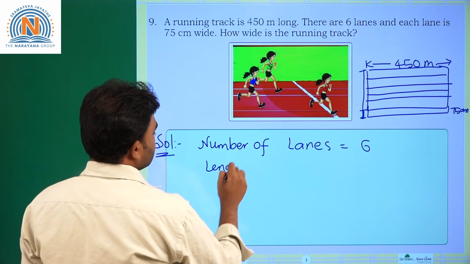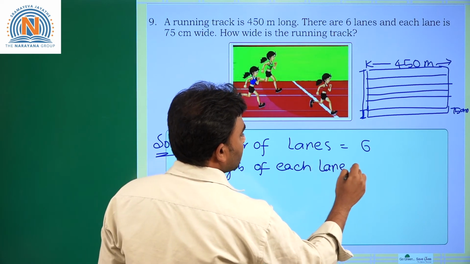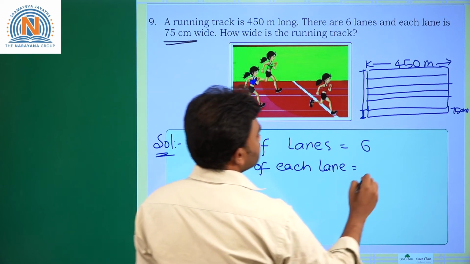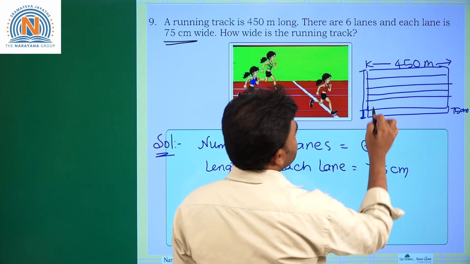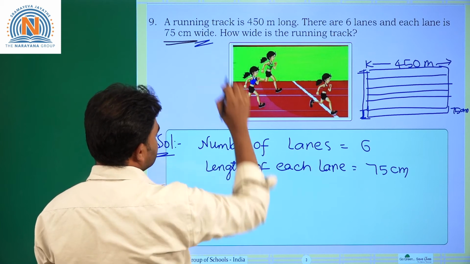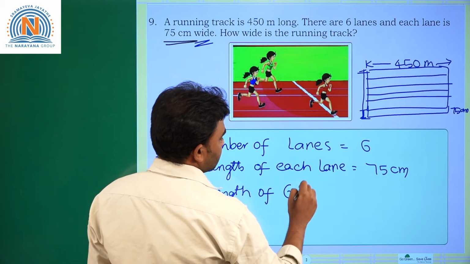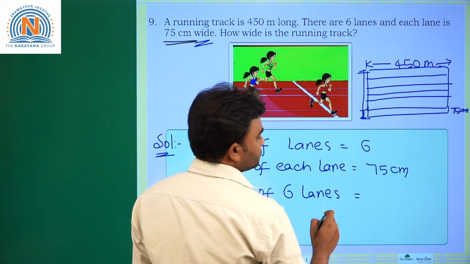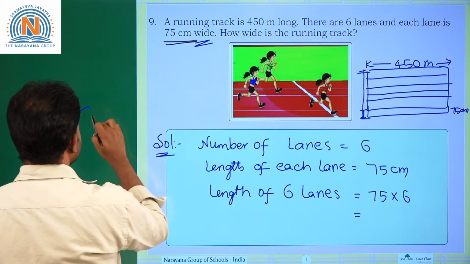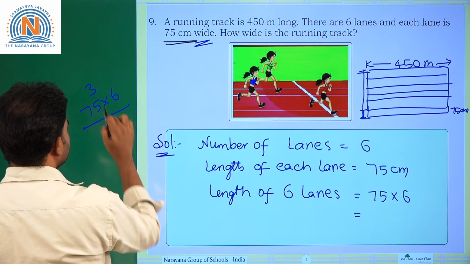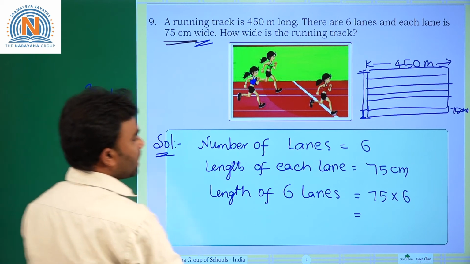Length of each lane is 75 centimeters. From here to here is also called width. Width of 6 lanes is equal to 75 into 6. 6 5's are 30, 6 7's are 42, 42 plus 3 is 45. So, 450.